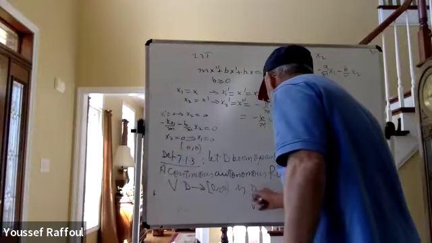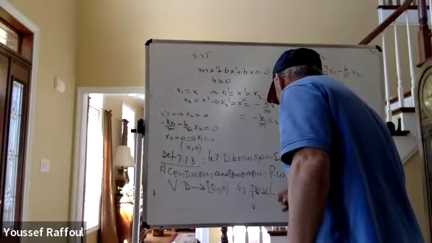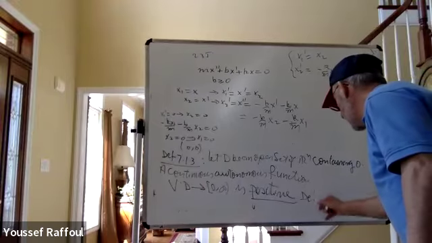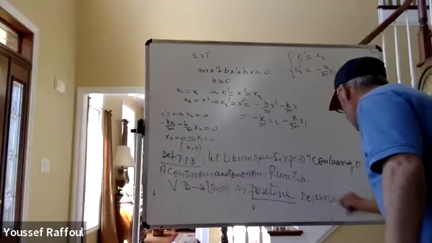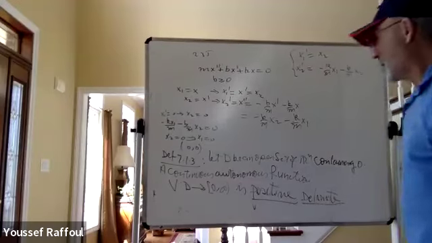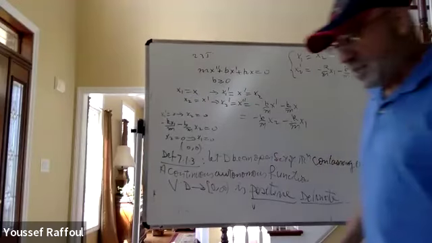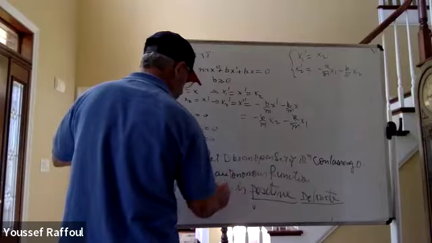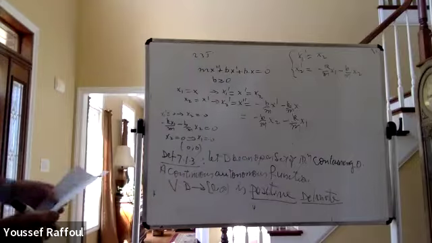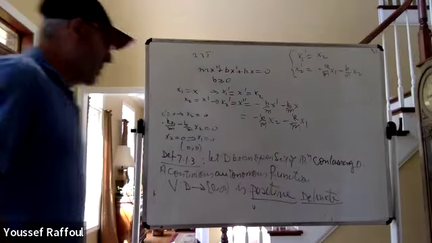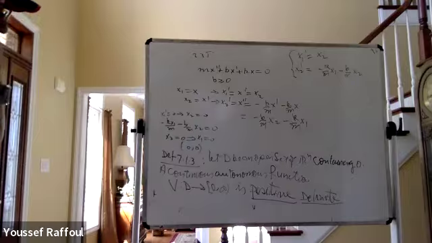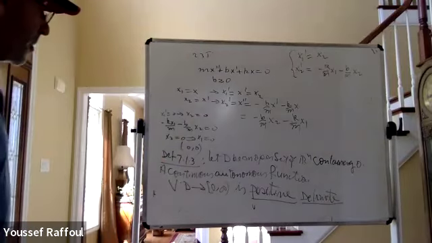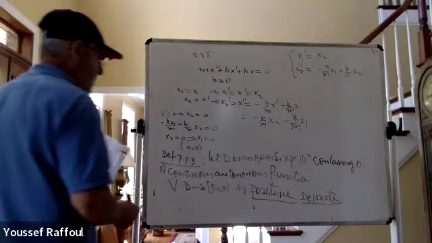Autonomous means the function does not depend on time. It goes from a subset D of R^n that has the origin in it, and its range is always bigger or equal to 0, not negative.